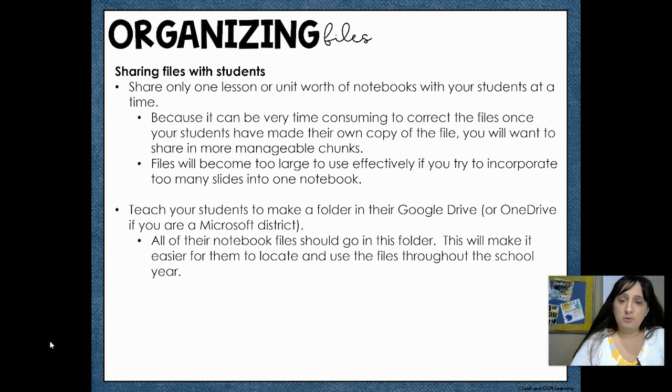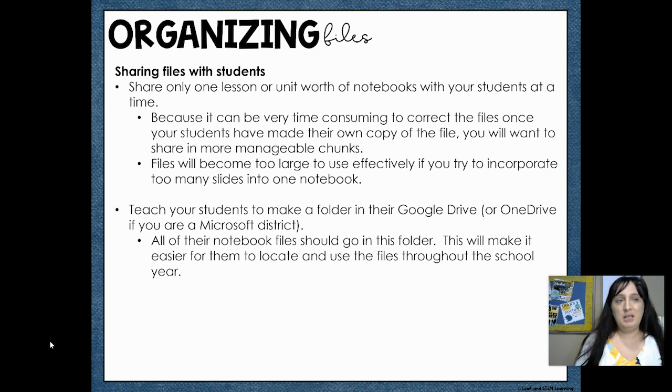Also, you don't want your files to be so many slides that it becomes inefficient for the computer to run the program. If the notebook gets too big, especially because a lot of digital notebooks are going to be using images and shapes and text boxes and all sorts of the things that make them really fun, those files can get big pretty fast.